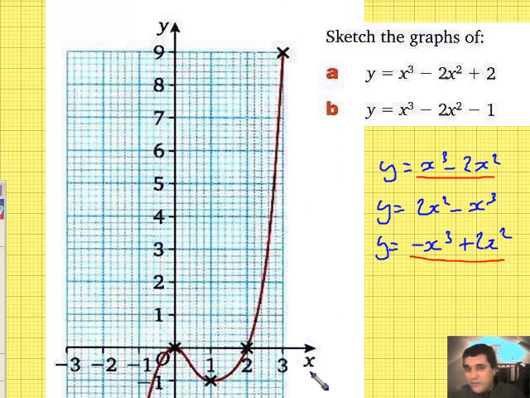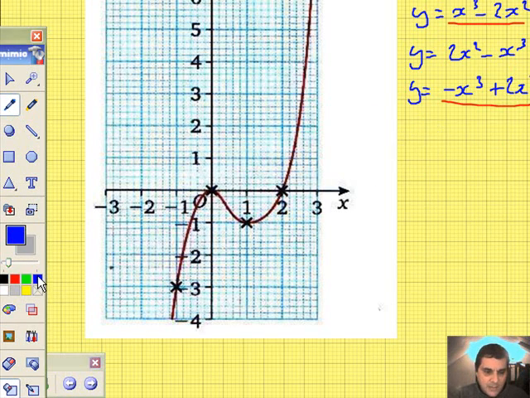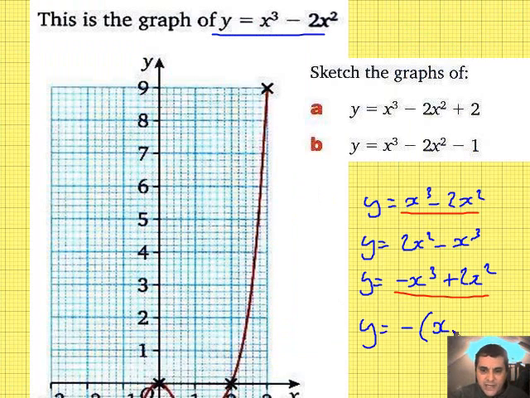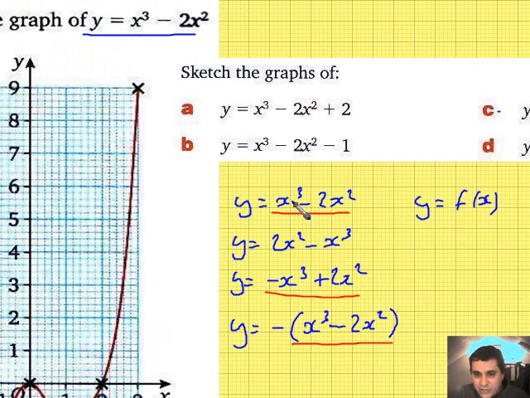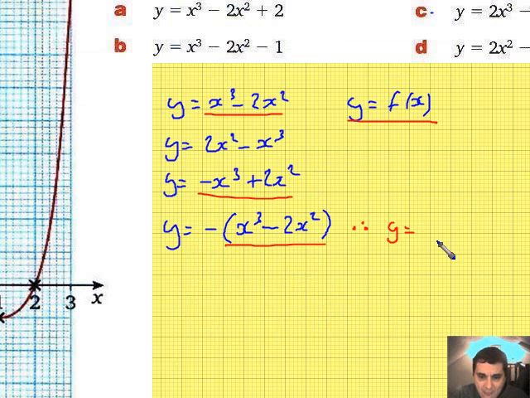So I've almost finished transforming the thing. Now, if I factorize it, I'm going to get y equals minus, open bracket, x cubed minus 2x squared. And now this bracketed part of the transformation exactly matches the original function, the original f of x. So what have I got now? I've got y equals minus my original function.